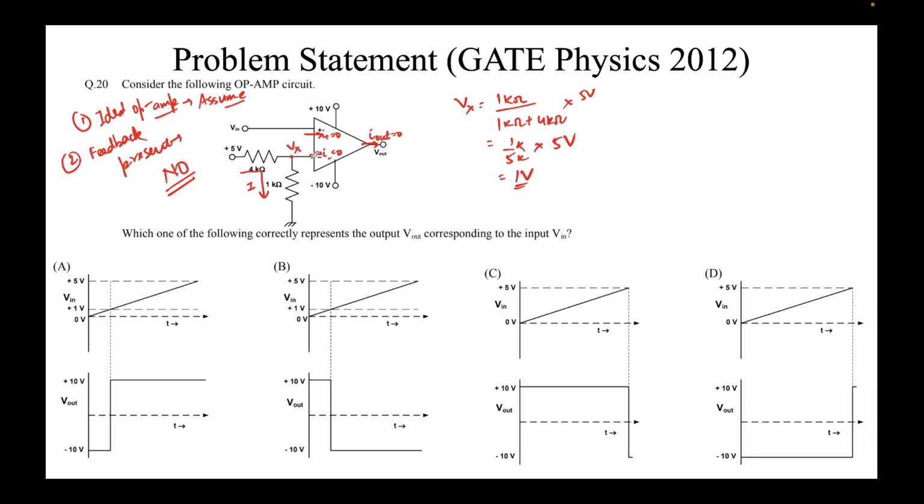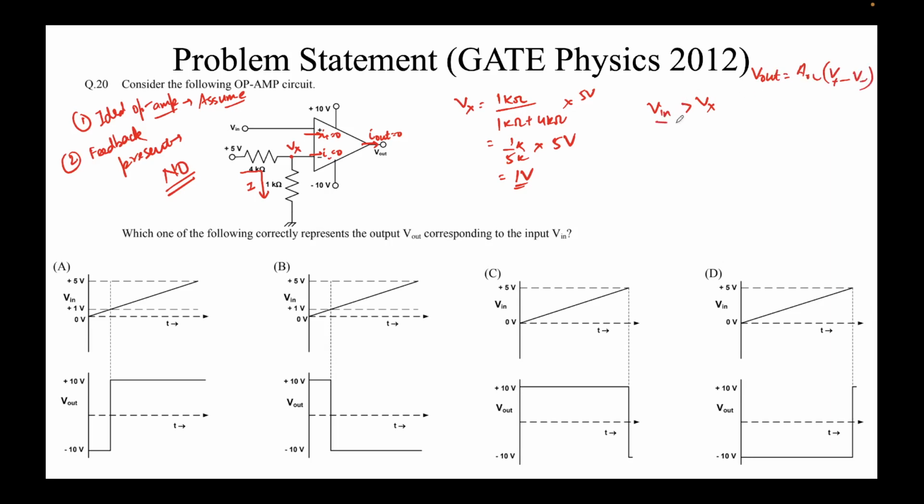Note that this is the inverting input to the operational amplifier. Now this node Vin will be compared to this voltage. So we can say that whenever Vin is greater than Vx, remember the expression for an operational amplifier, it is V out equal to AOL times (V plus minus V minus).